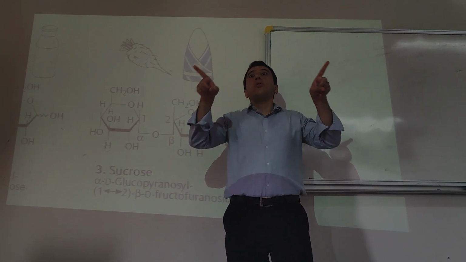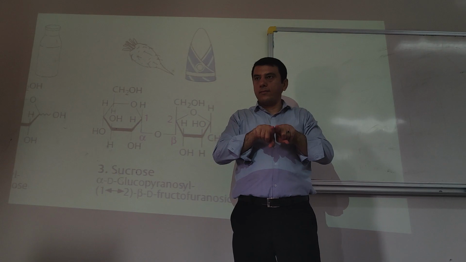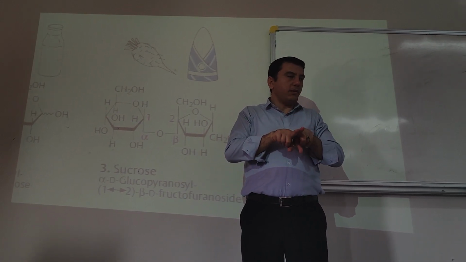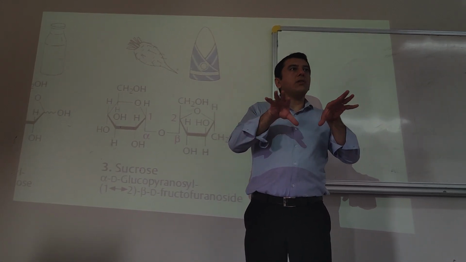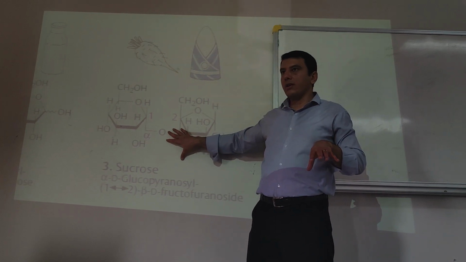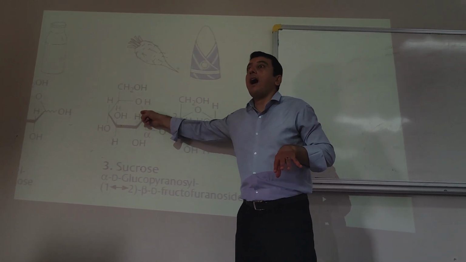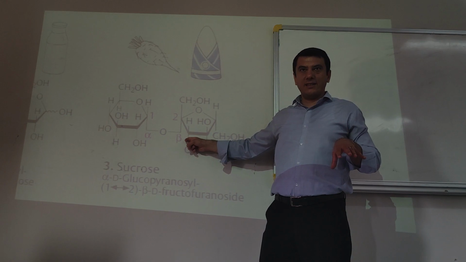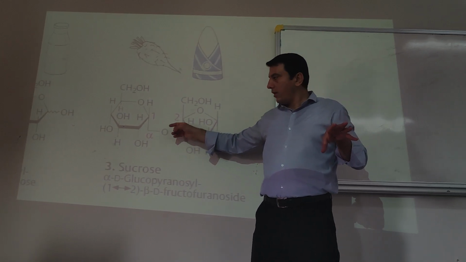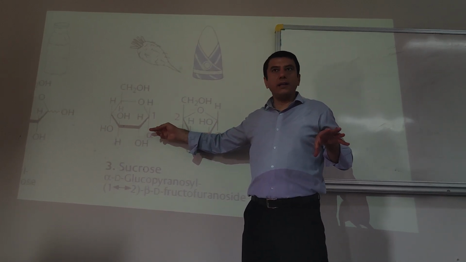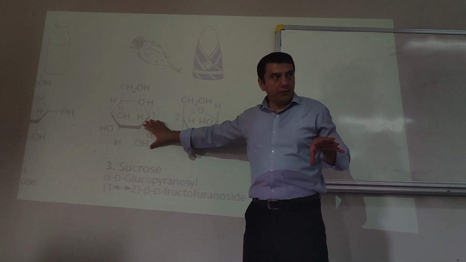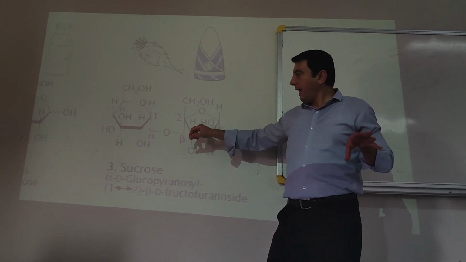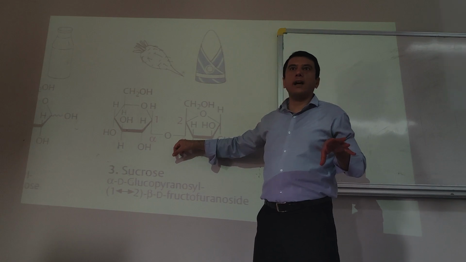So, in both of them, the carbon which is involved in the linkage is an anomer carbon. The first one is in alpha form and the next one is beta.